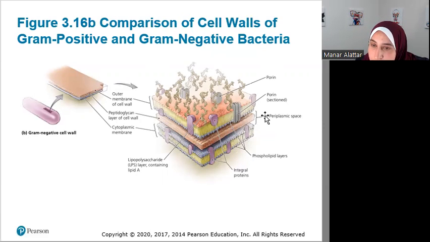So here you have your cell membrane, a thin peptidoglycan cell wall, and then this outer membrane that has all of these lipopolysaccharides on it. So you can see these extruding from there. Your body actually recognizes lipopolysaccharides, and specifically a lipid called lipid A, which is in that lipopolysaccharide.